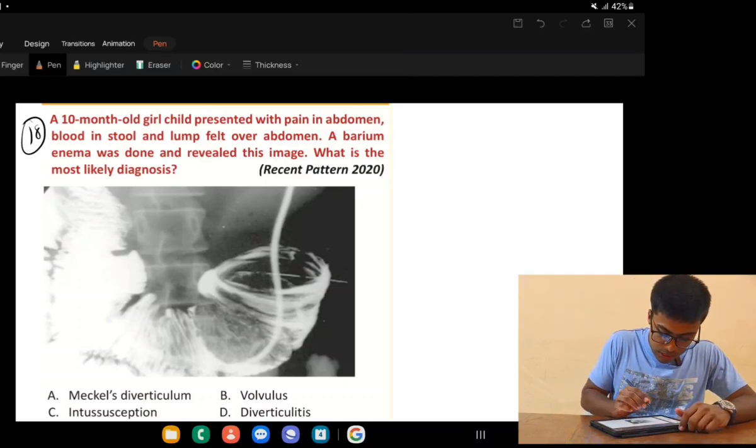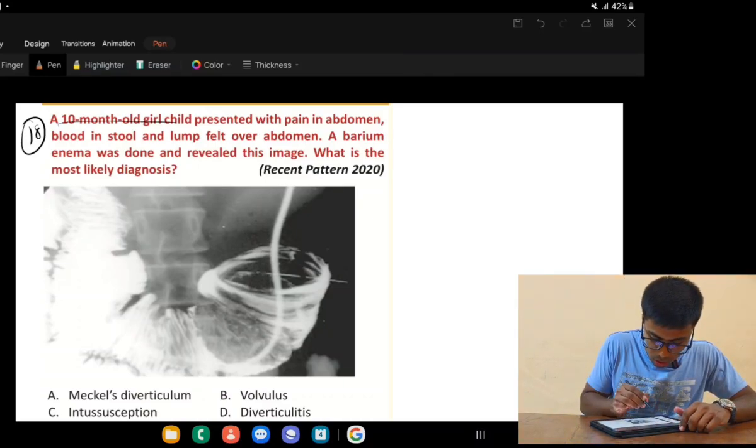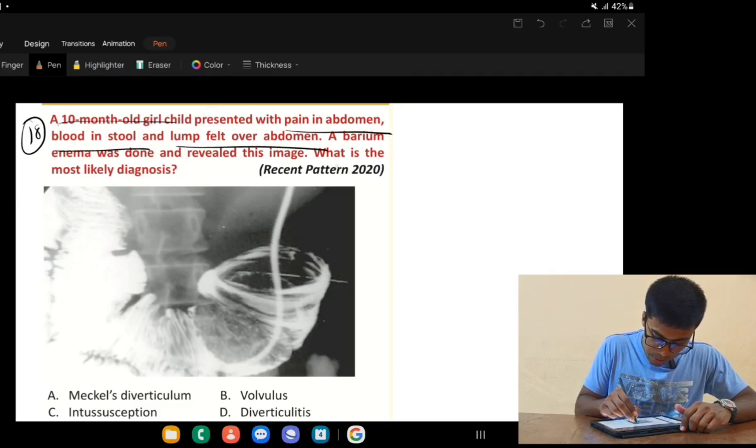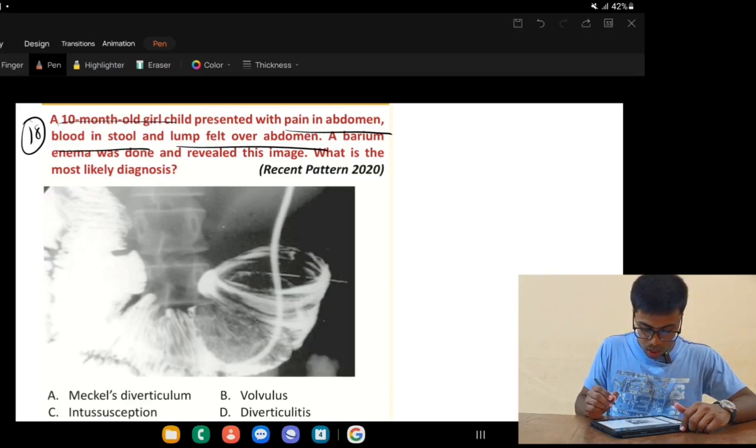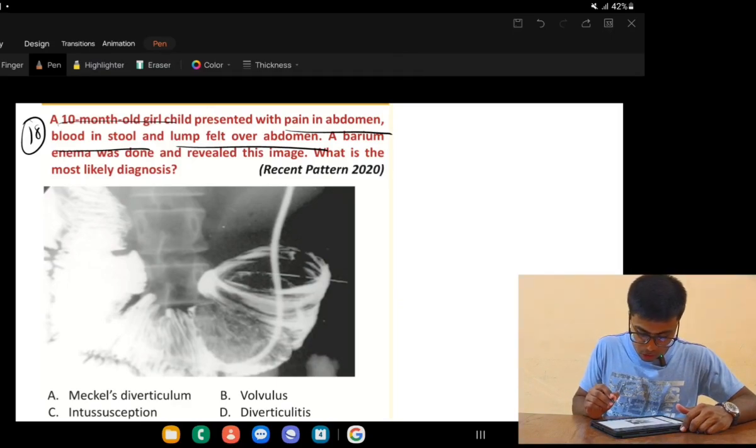So let's read this question. A 10-month-old girl child presented with pain in the abdomen, blood in stool, and a lump felt over the abdomen. A barium enema was done and revealed this image. What is the diagnosis? What does it look like? Are you seeing a claw sign or something?